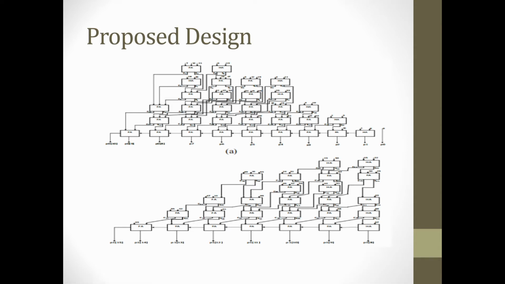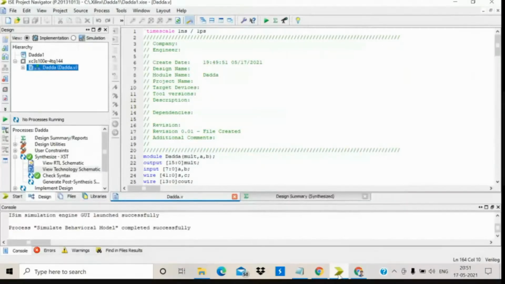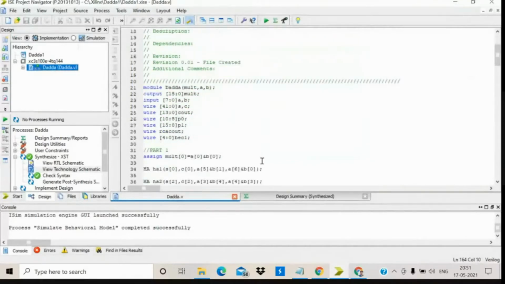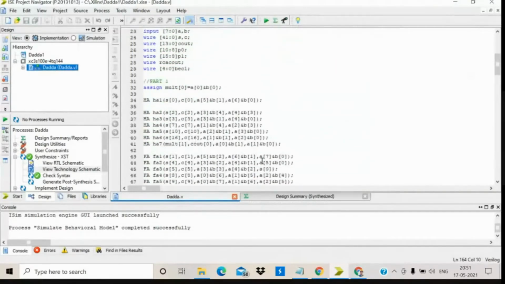So let's look into its Verilog HDL demo in Xilinx software. Let's look into the code. So this is the data multiplier code. Before moving to this, what is this data multiplier? As I said, it is a new multiplier design. We have come across so many multipliers, right? So this is another new multiplier design.